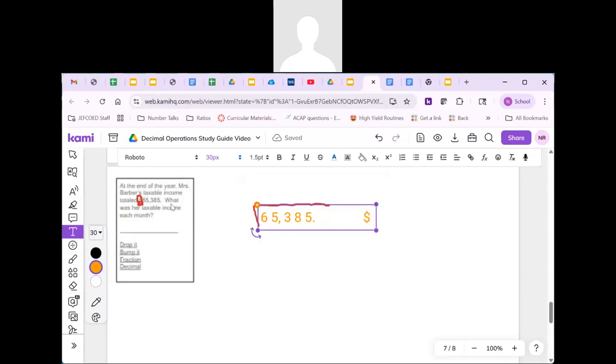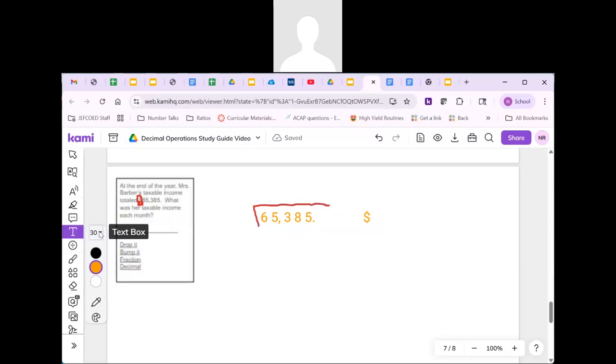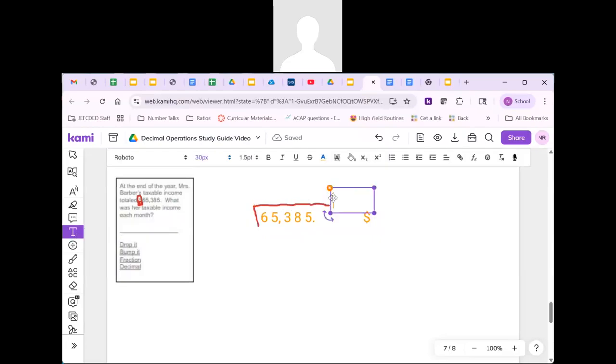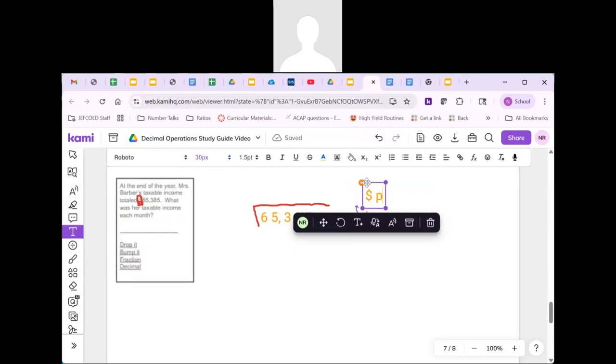All right. What is the question here? Because I don't see another number, right? The question is, what was her taxable income? So what was the money each month? So that's what I'm supposed to get when I divide. Since I don't have another number right now, I'm just going to go up here and write the words. My words should be the money she gets each. Each means per, or per means each, right?